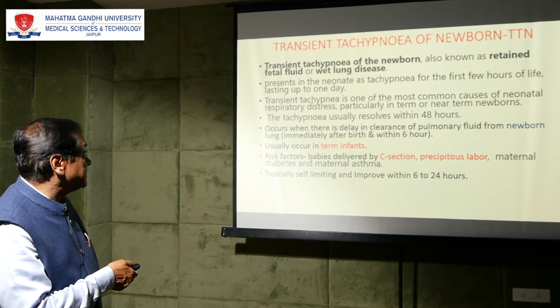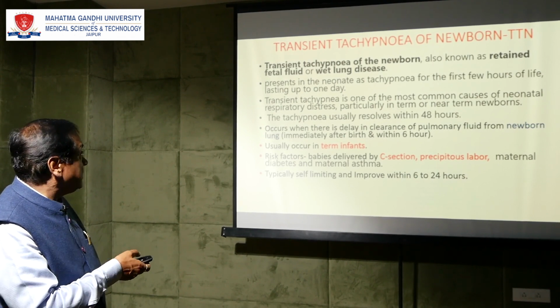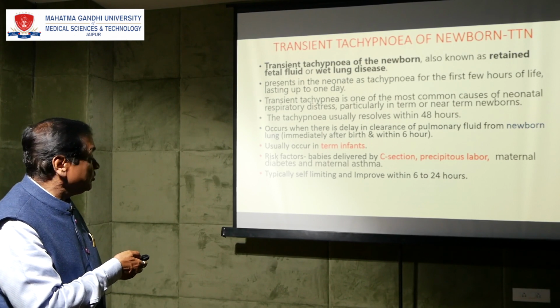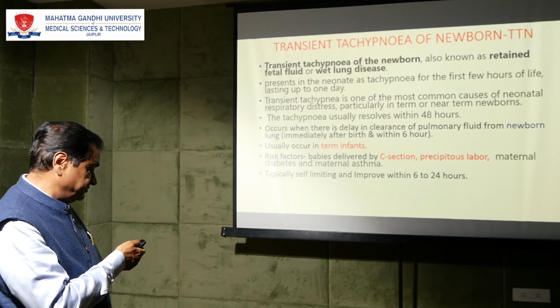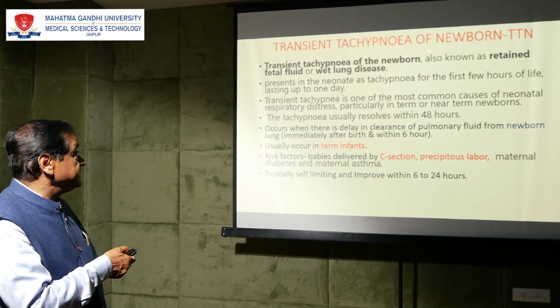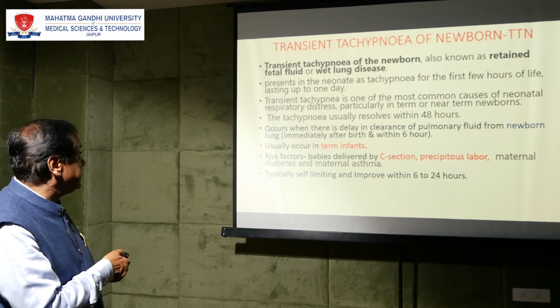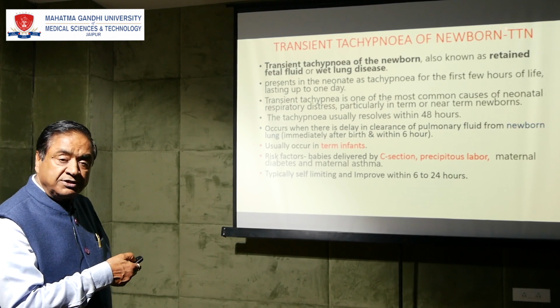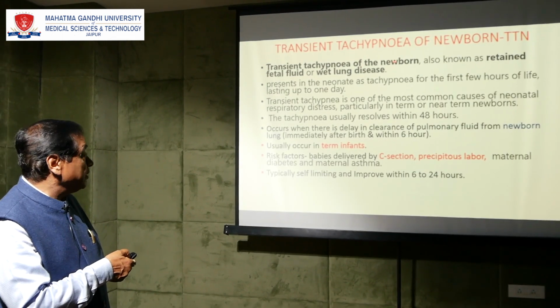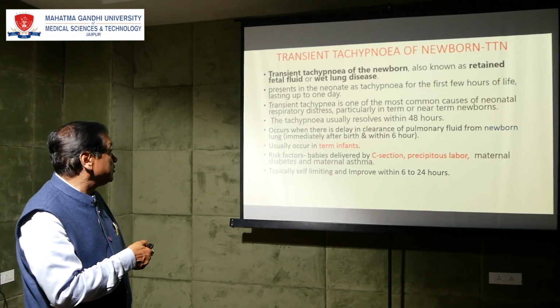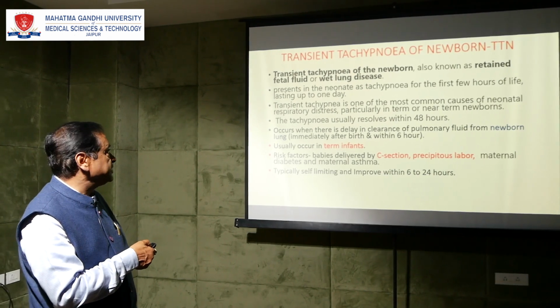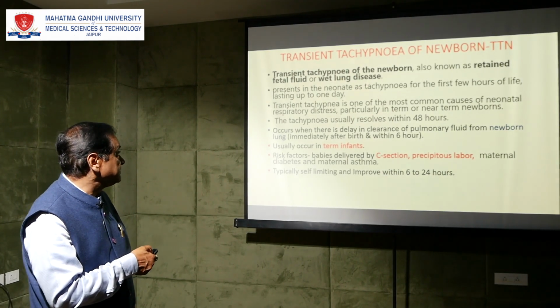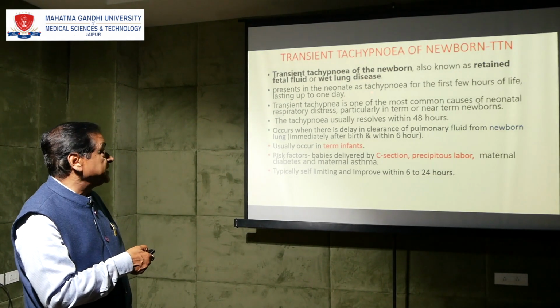the second condition is the transient tachypnea of the newborn. Transient tachypnea of the newborn is another condition which we find in neonates, and this is because of retained fetal fluid; it is also known as wet lung disease. During the delivery, the fluid is not completely drained from the lung or from the body. So this disease occurs. It generally presents with tachypnea.